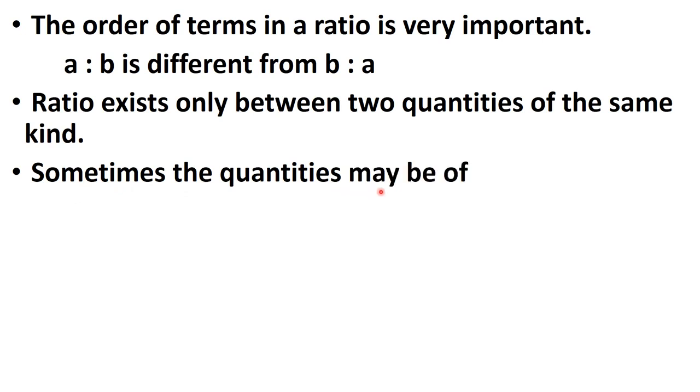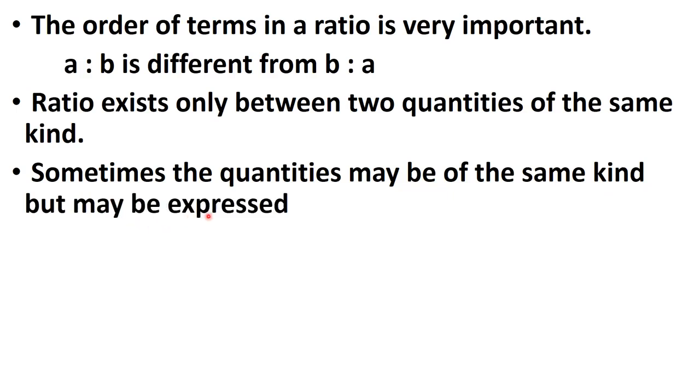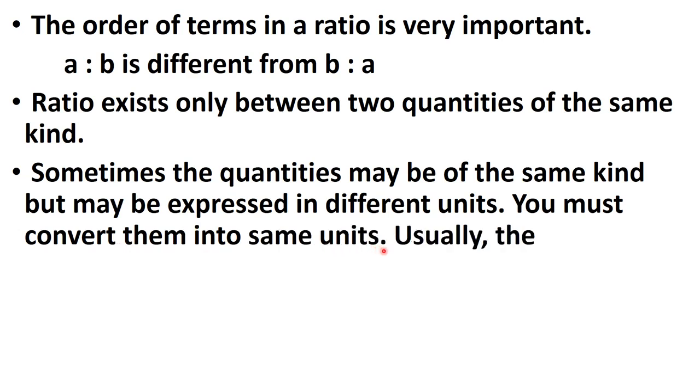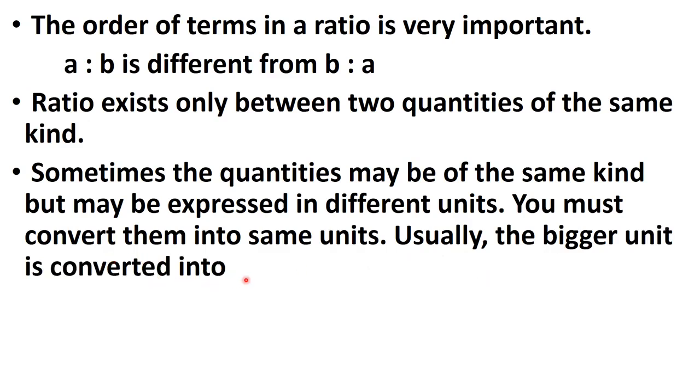Sometimes the quantities may be of the same kind but of different units. You must convert them into the same units. Usually, the bigger unit is converted into the smaller unit.